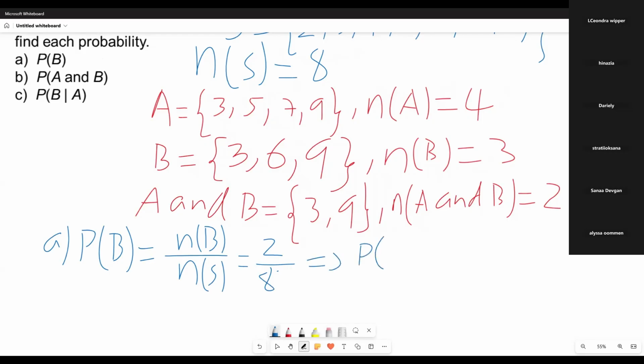If you want, you can simplify here. That's 1 over 4. That's your P of B. So the 2 events are not mutually exclusive because they have 2 outcomes in common. The 2 outcomes are 3 and 9.